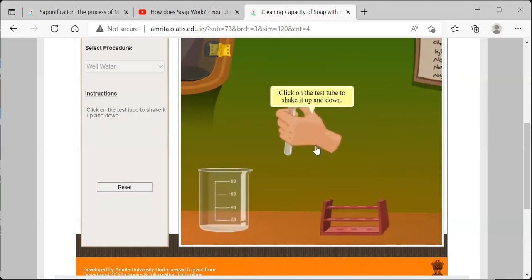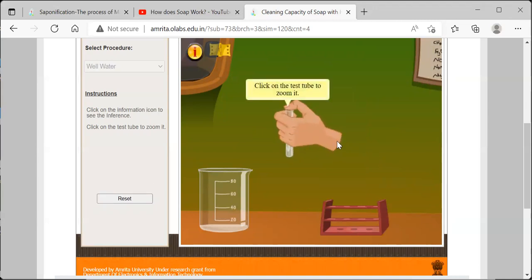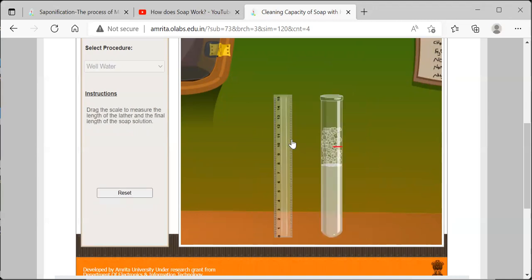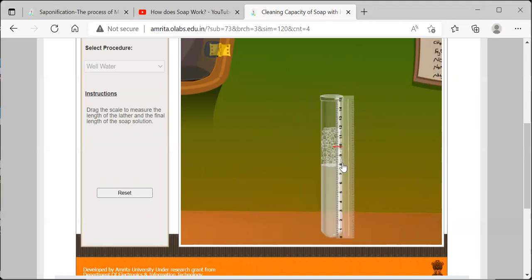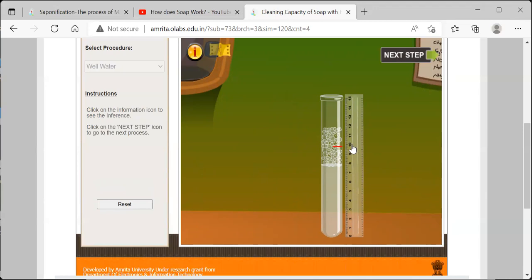Next, we're going to click on the test tube. And when we zoom in on the test tube, we see that there's less foam. Utilizing the ruler, we can see that the red marks the original value of the solution. Once we look at how much foam has been formed, we can see that the length of the soap solution is at 8 centimeters.